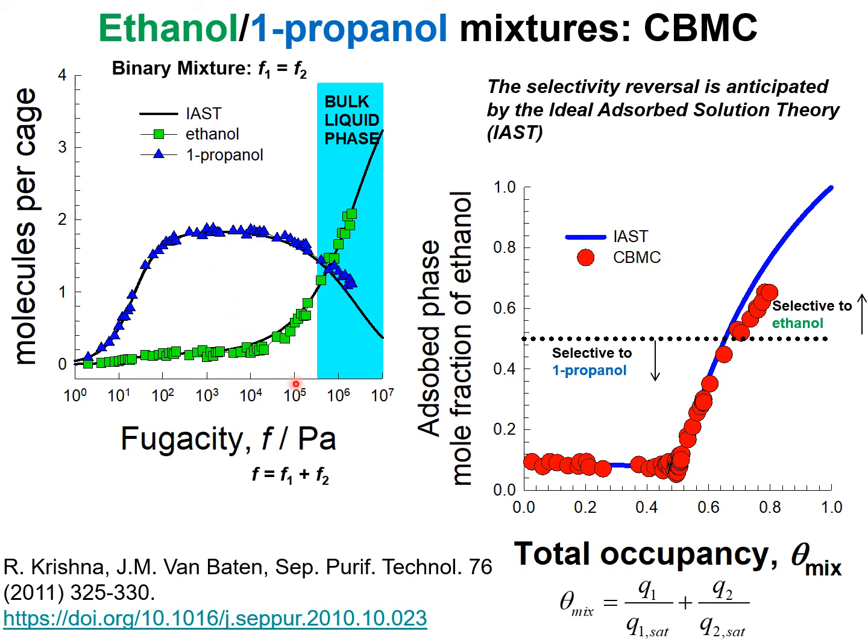What is interesting is that if the bulk fugacity exceeds, say, about 1 megapascal, corresponding to a bulk liquid phase operation, the CBMC simulations show that the adsorbed phase contains a higher loading of ethanol than 1-propanol.